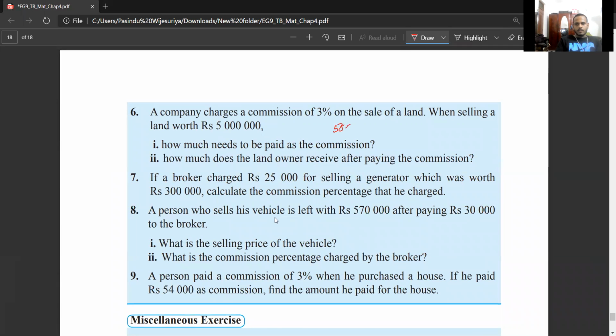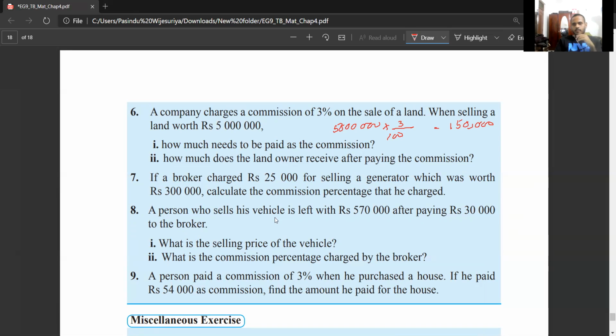Commission into 3. You have to pay an amount of 150,000 as the commission.